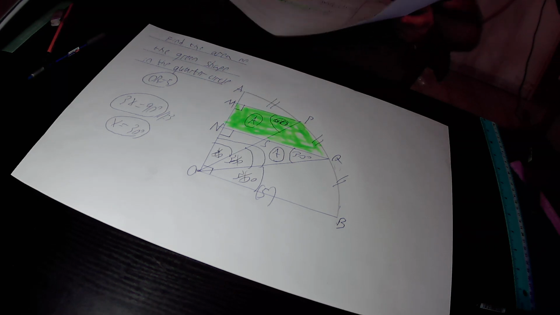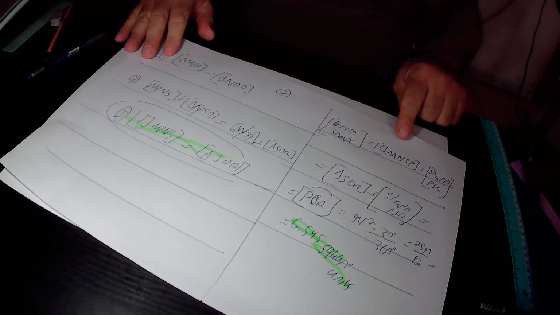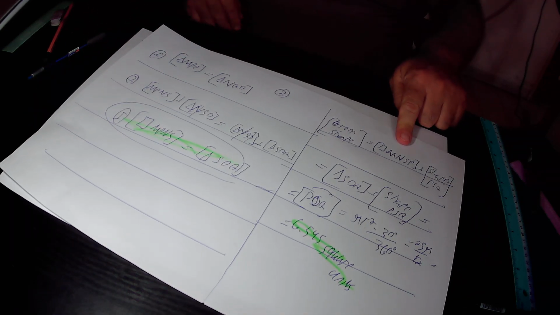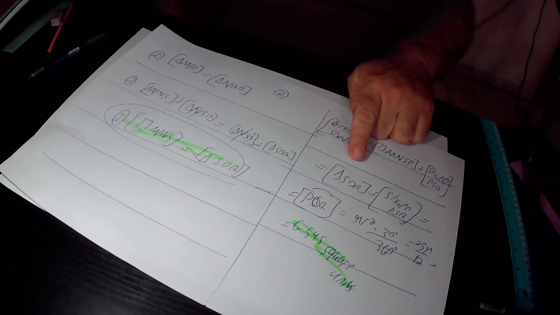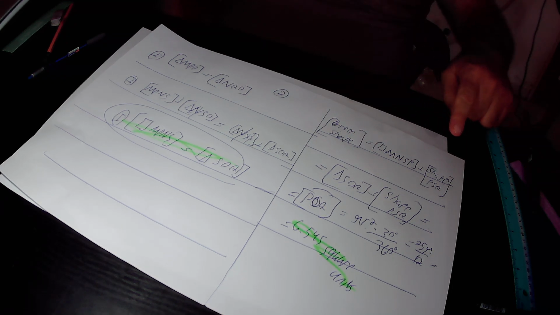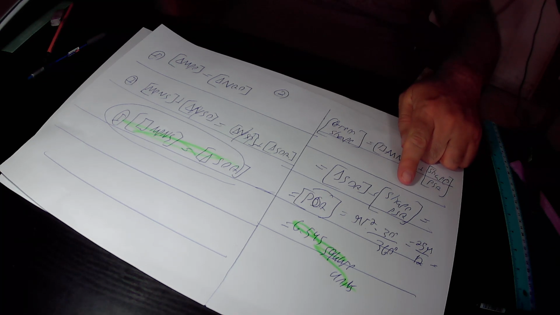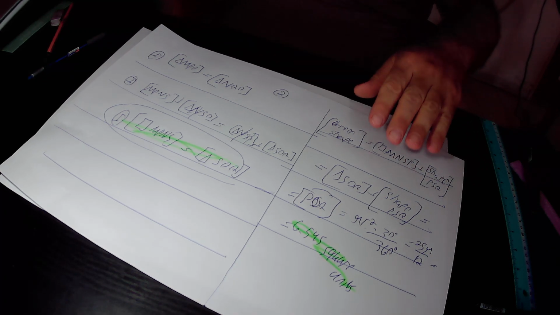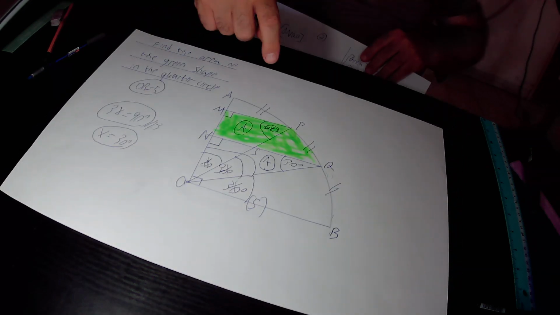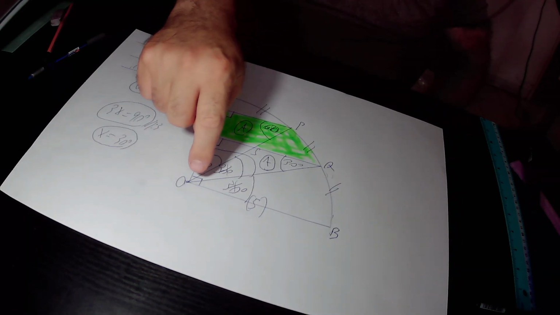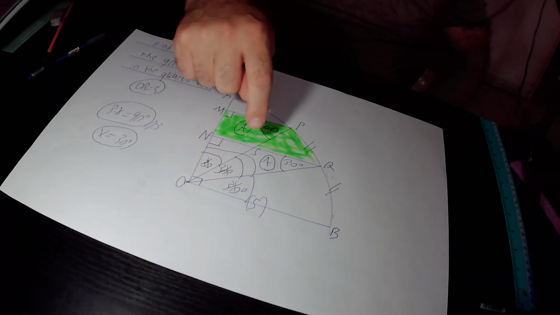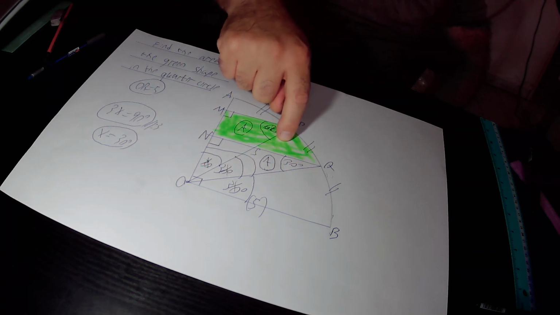So we did it. We substituted the area of quadrilateral MNSP by the area of triangle SOQ because they are equal to each other, and we also add the area of the green shape PSQ. So in total, the area of this green shape equals the area of this white triangle SOQ plus the area of this green shape.